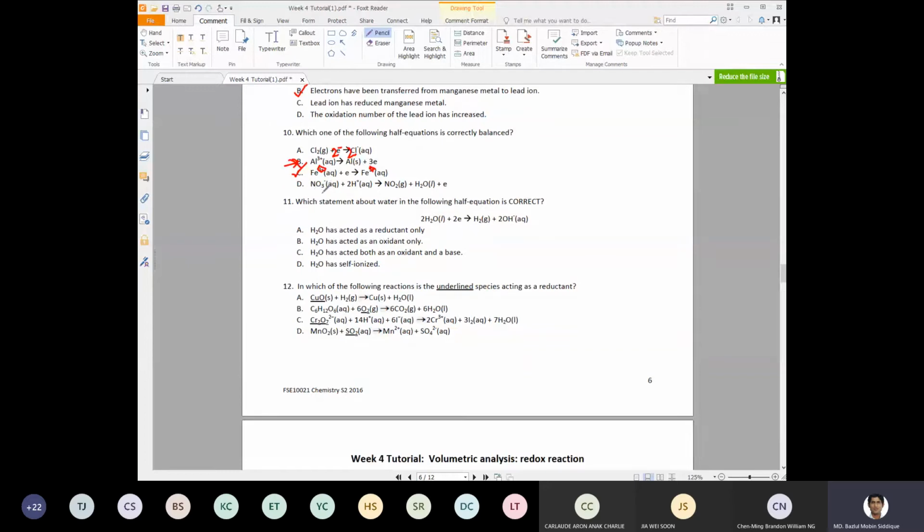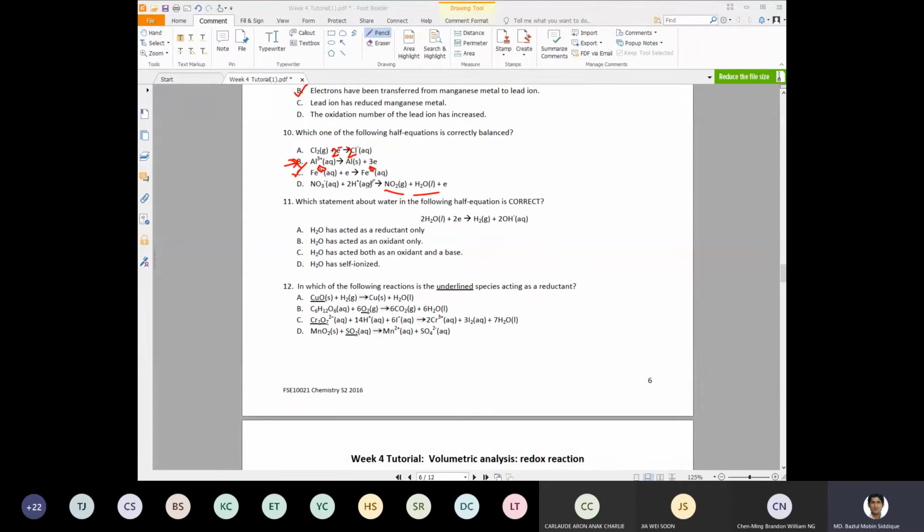Option number D is nitric oxide and hydrogen. It is producing nitrogen dioxide, sorry, so it is making nitrogen dioxide and water, right? In this case, what is missing is this nitrate.